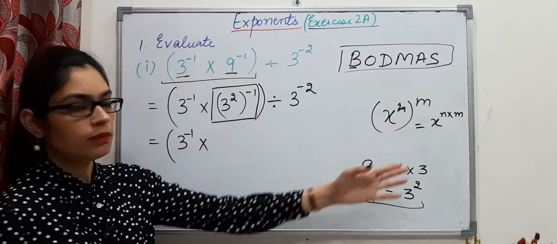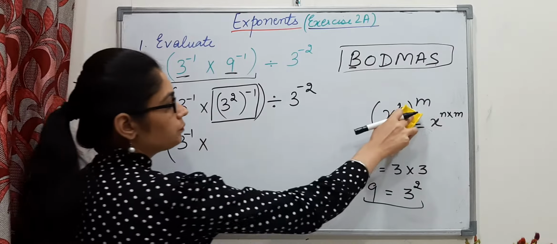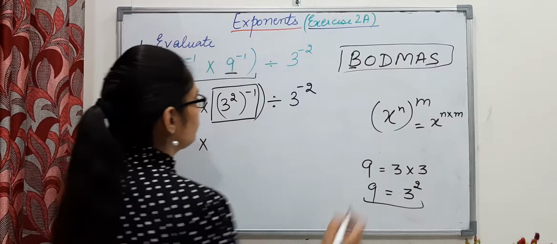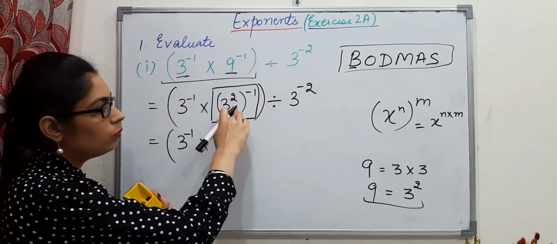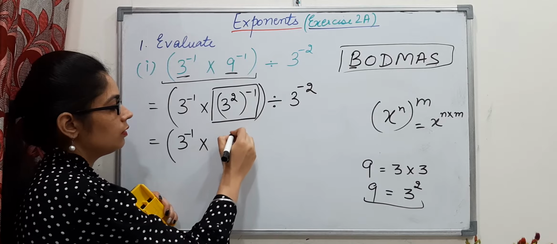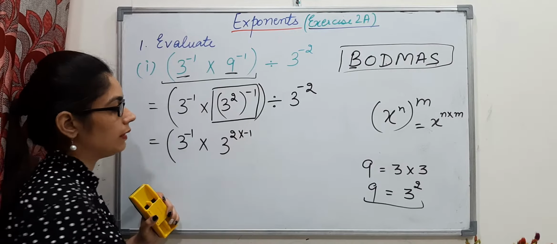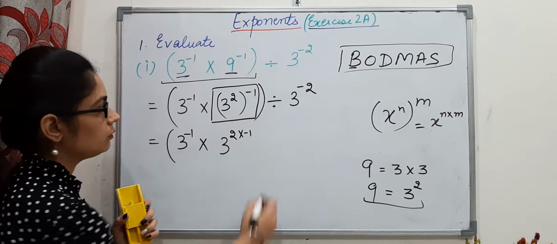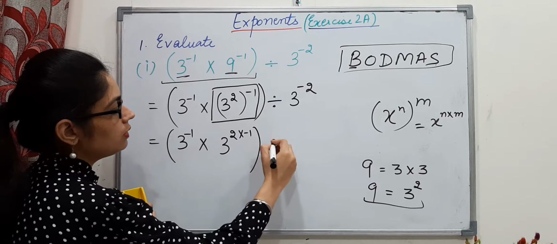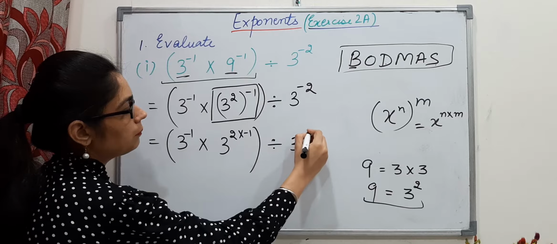So we will use this rule here. Now 3 to the power 2 is one power and the other power is minus 1, so both the powers we will multiply: 2 into minus 1. The other term will remain the same, 3 to the power minus 2.